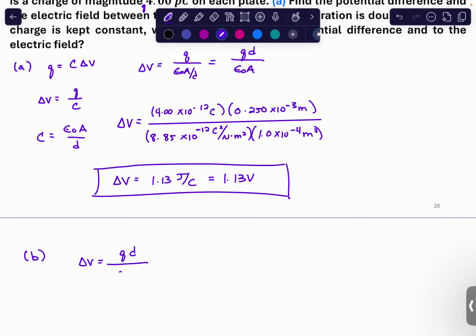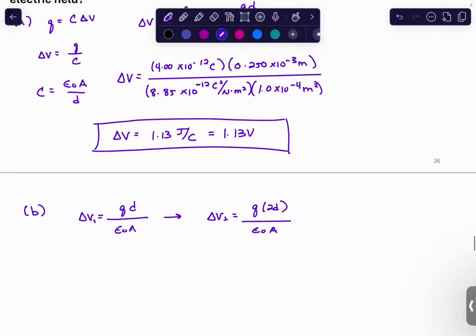So we start here. So how much larger is delta V2 than delta V1? Twice.